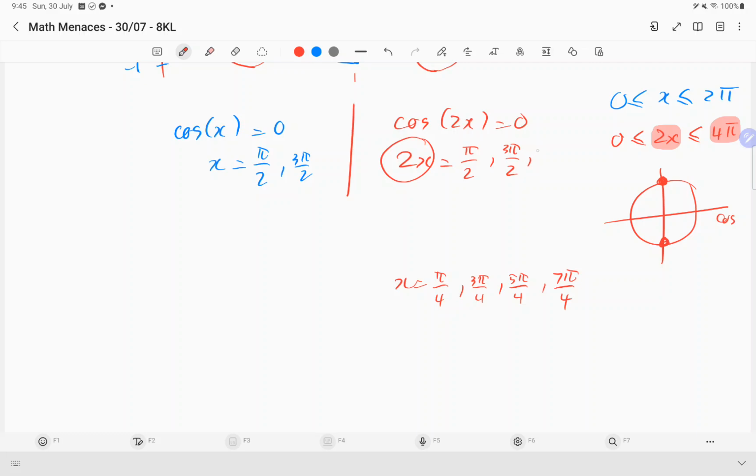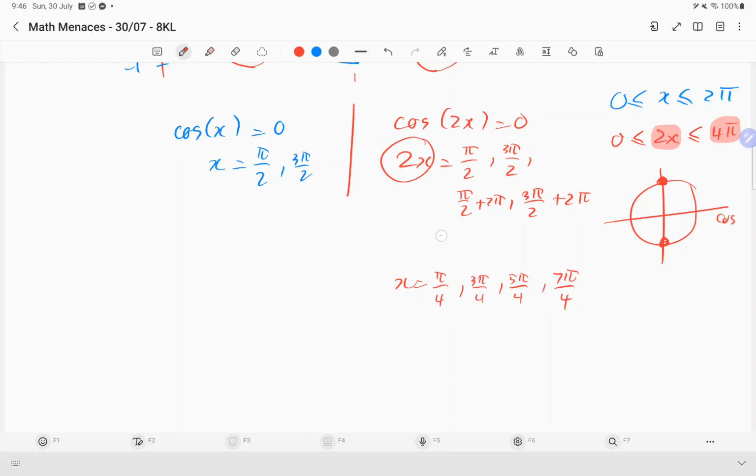So the next ones are pi on 2 plus 2 pi, and 3 pi on 2 plus 2 pi. Why do we add 2 pi here, Sarah? Why would we not minus 2 pi? Because it doesn't go to a negative. Yes, the domain doesn't go to negative, but it goes past 2 pi to 4 pi, so it goes to the next cycle. Does it make sense so far? Yeah.